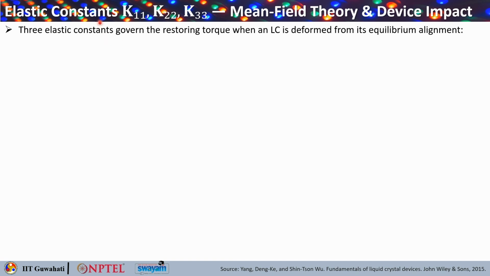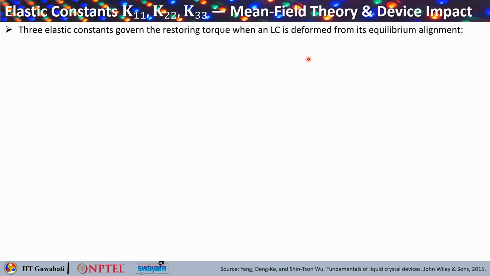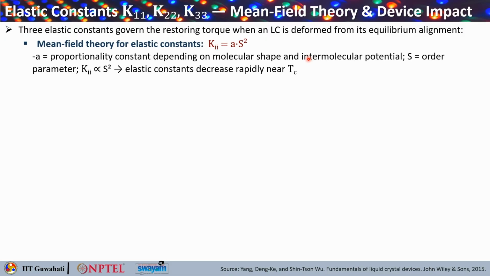Now, these are the three elastic constants that are concerned in liquid crystals: K11, K22 and K33. These three elastic constants basically govern the restoring torque when a liquid crystal is deformed from its equilibrium alignment. Okay. So, the mean field theory for elastic constants says that Kii is basically A into S square.